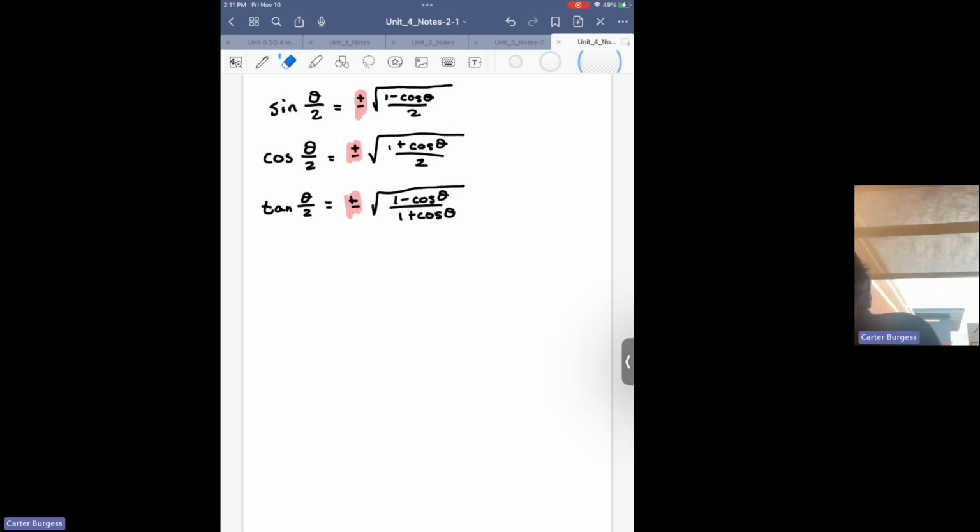But the utility here is pretty similar to what we have seen with our double angle and our sum and difference. It's the ability to take information that we do not know, information that is not a part of what we have learned from the unit circle, and to reformat such information so that we can process it as if it was unit circle information.